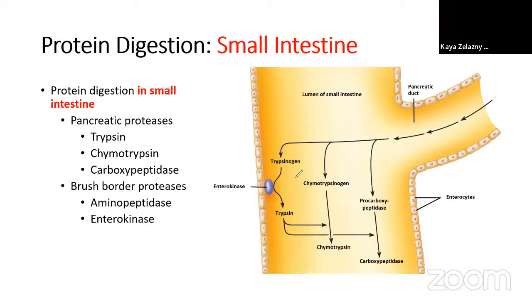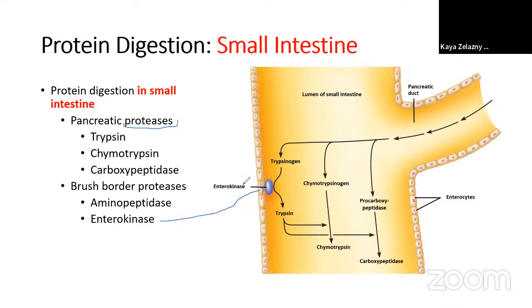Okay. So this is where the brush border protease, enterokinase, comes in. Enterokinase is a protease, so it does break down proteins, but the proteins we're thinking of when we think about enterokinase are not the proteins we're eating, but the proteases themselves.